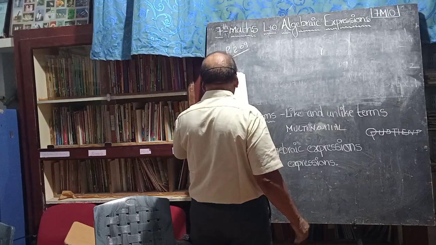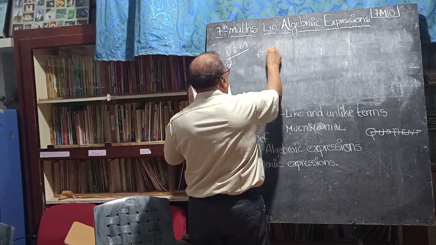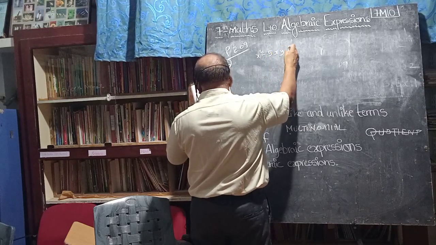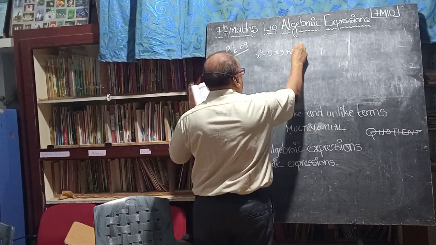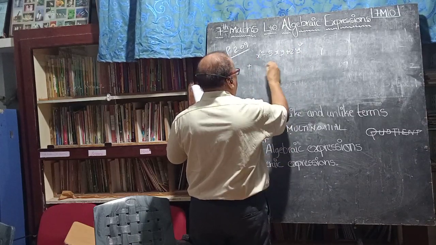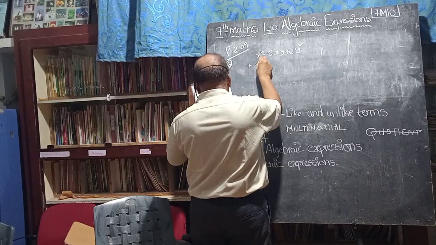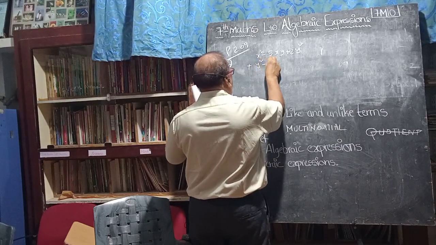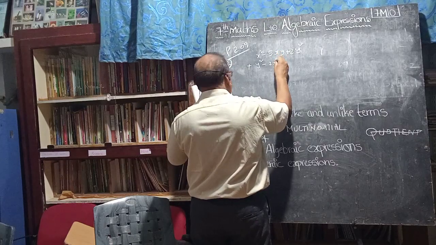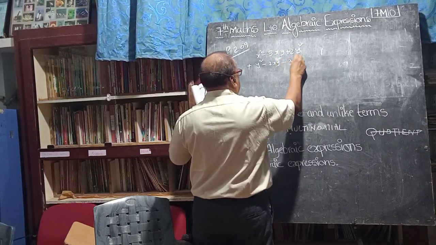Subtract the sum of so and so from the sum of another one. He said subtract the sum of x square minus 5xy plus 2y square plus y square minus 2xy minus 3x square.